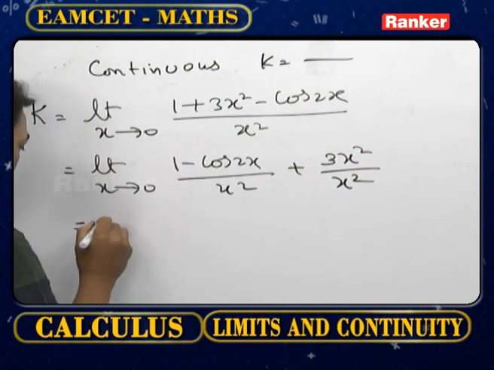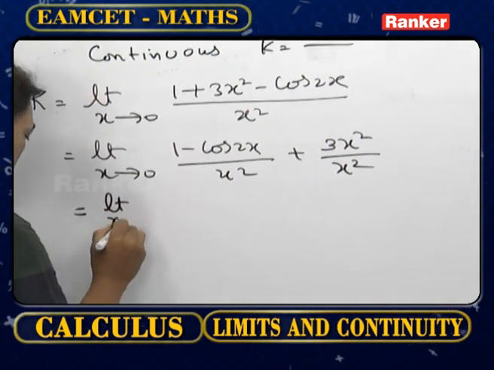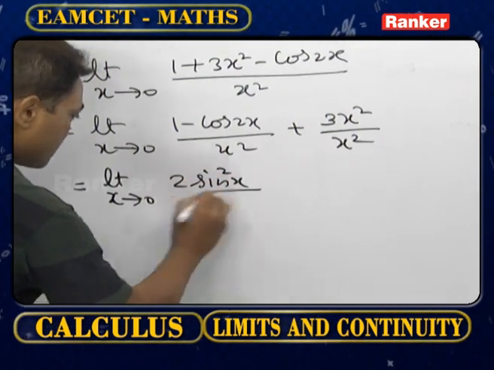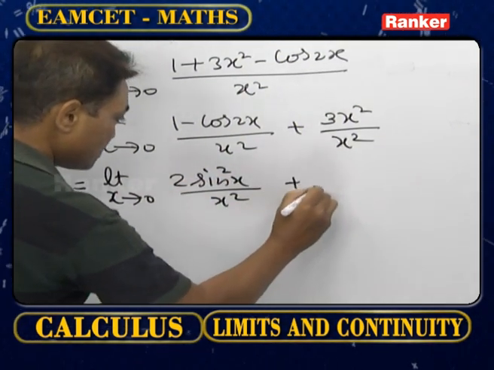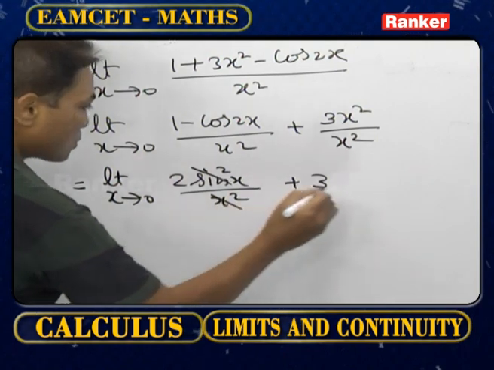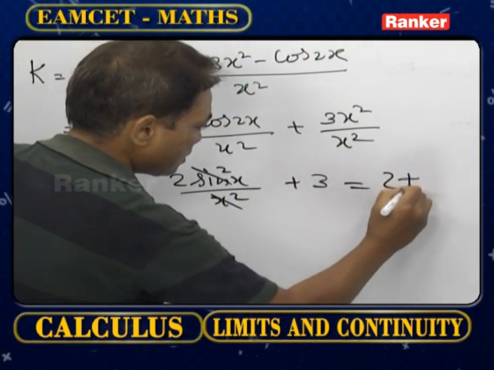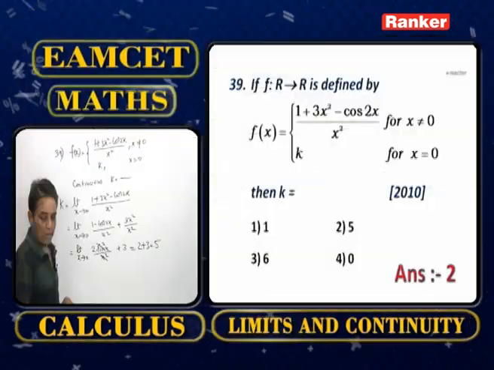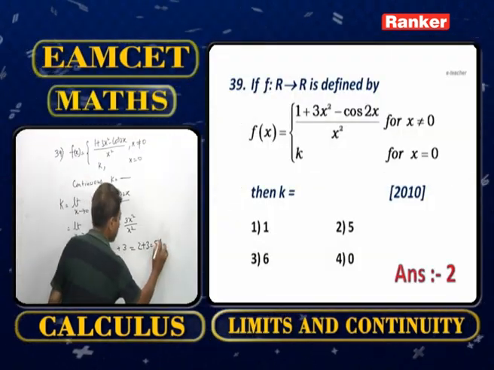This is 2 sin square x, no? 2 sin square x by x square, this is 3, this is cancelled. So the final answer is 2 plus 3, 5. So, k is equal to 5. Second option is the right answer.